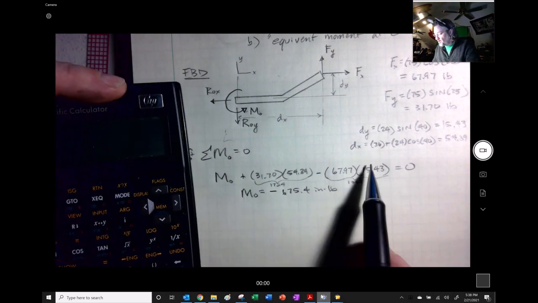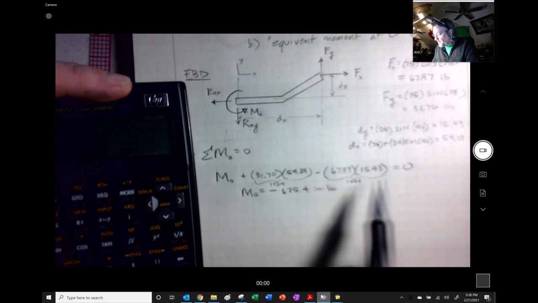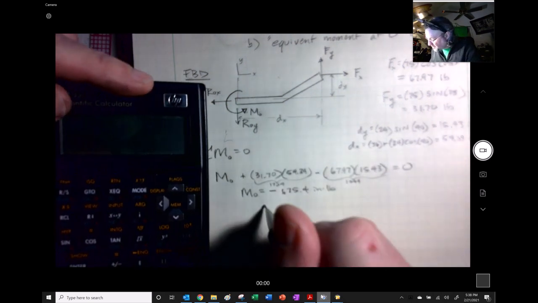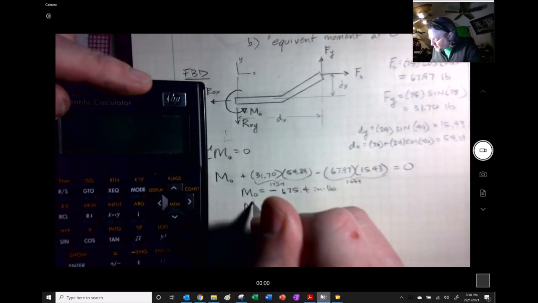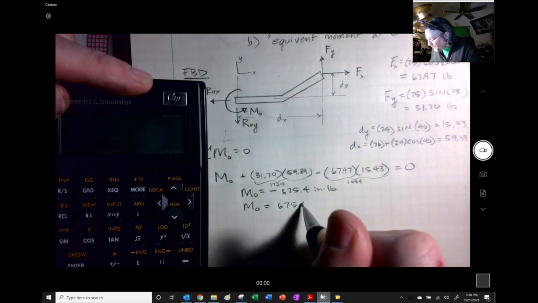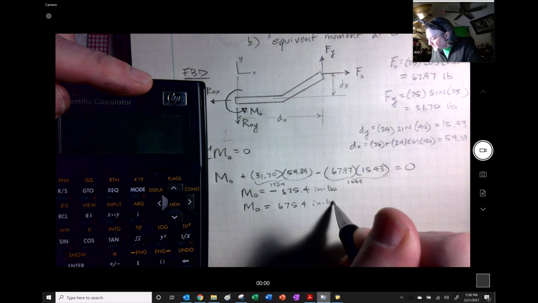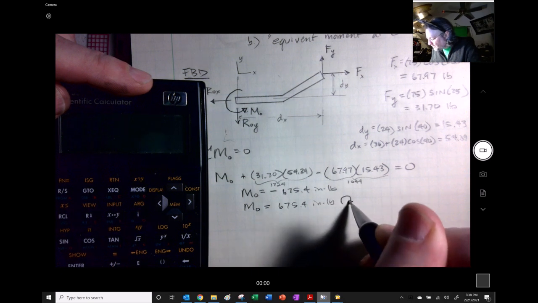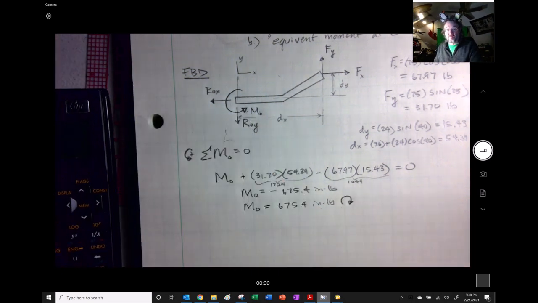So this was larger than this, and this was positive. It went back on the other side, and I got a negative answer. So my actual answer here is 675.4 inch-pounds clockwise, right? Because I assumed counterclockwise. So that's what I got right here.